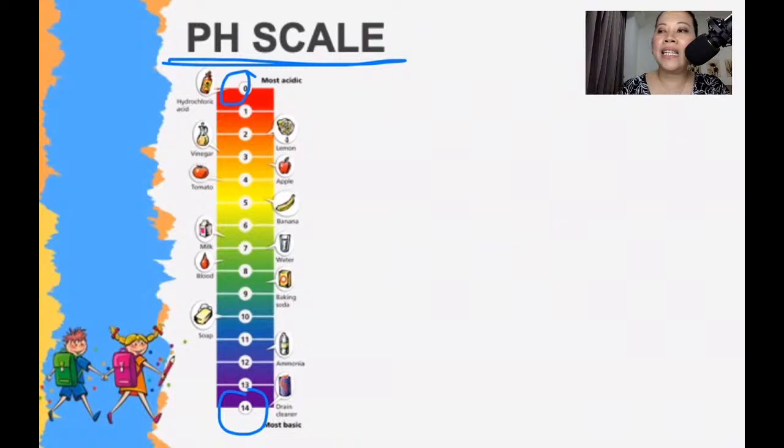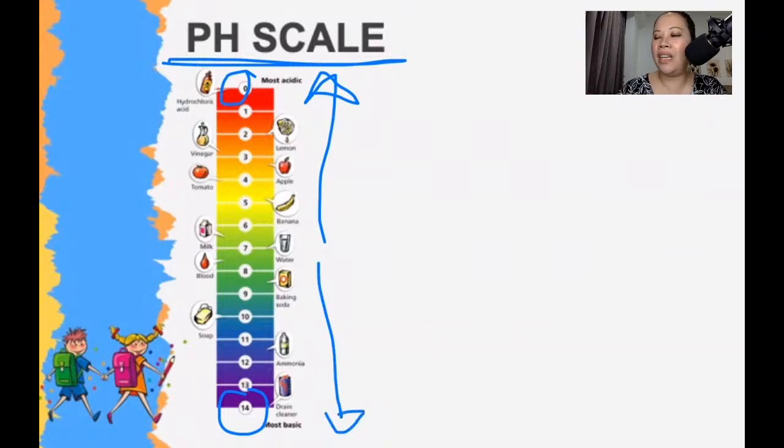Acidic substances have a pH below 7, not below 0. If it's an acid solution, it will be below 7, and if it is a basic solution, it's above 7. 7 is neutral.